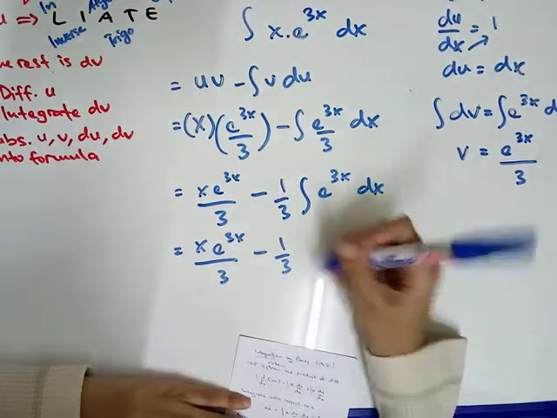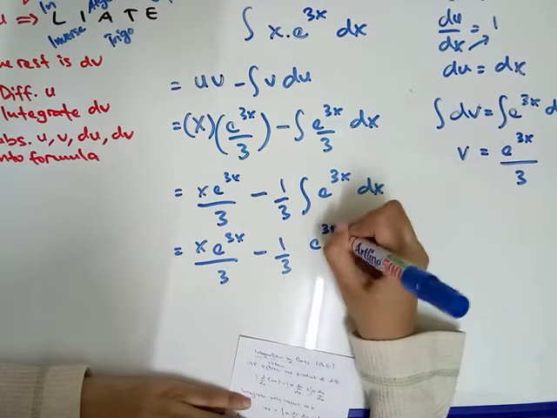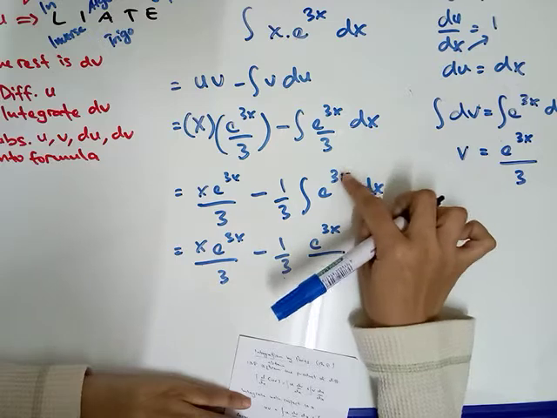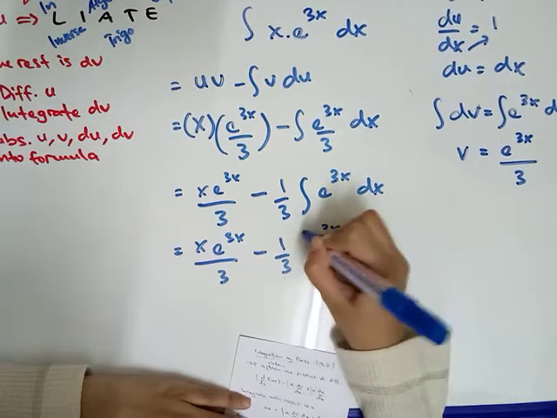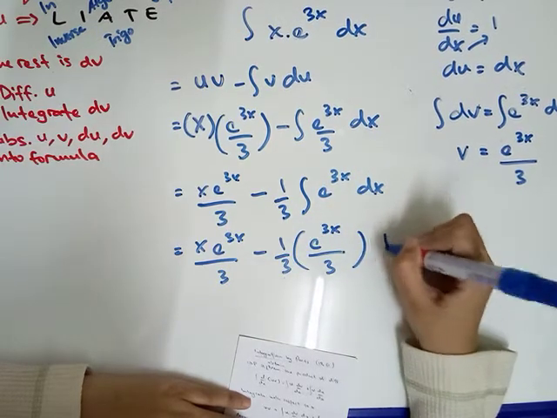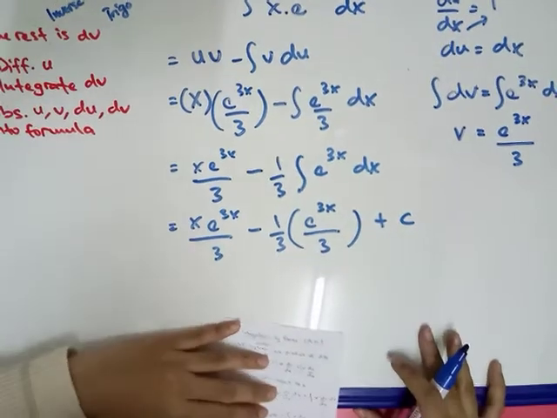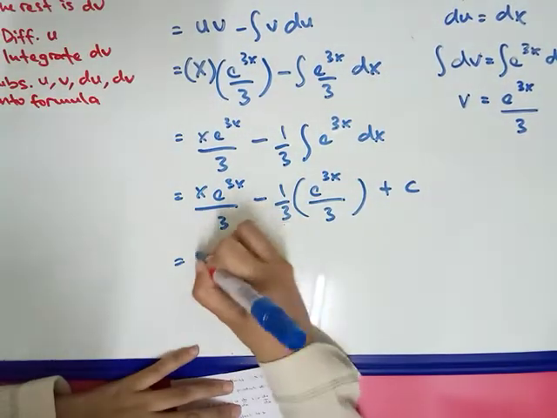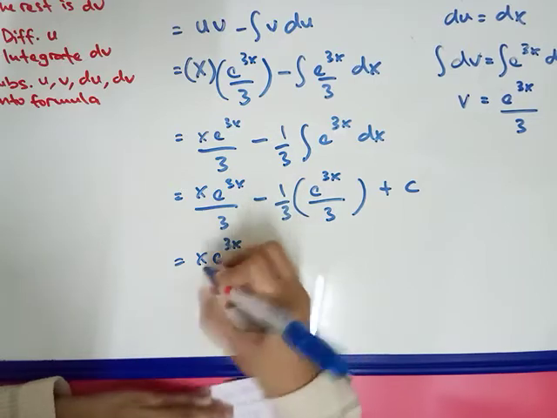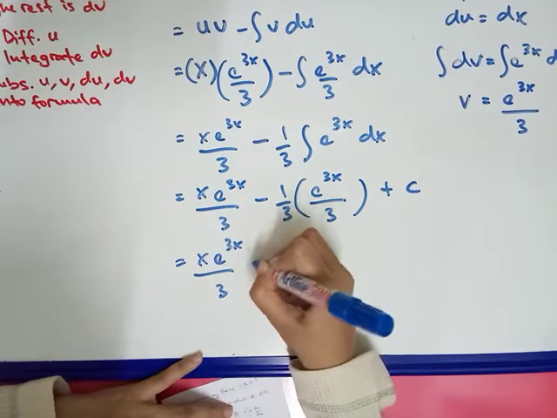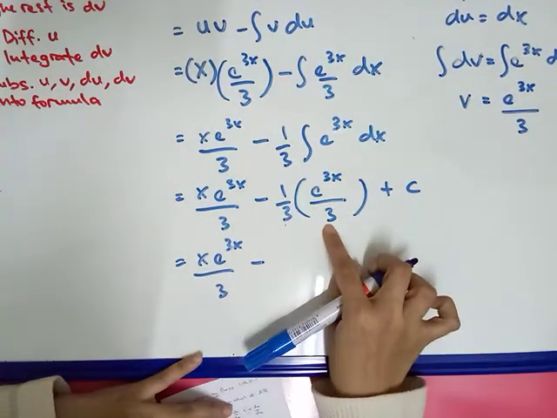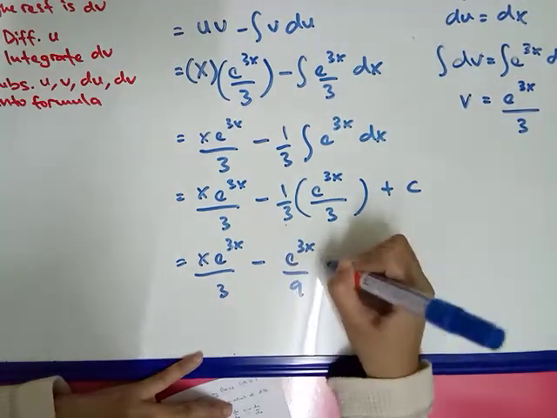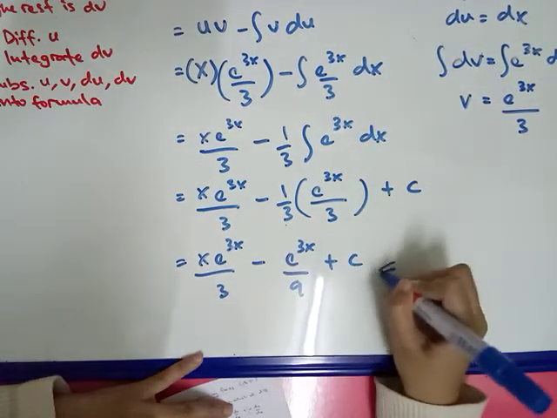Integrate exponent 3x, you will get exponent 3x back, divided by 3, because differentiate 3x you get 3. And then you need to plus c. Don't forget to plus c. So x exponent 3x over 3 minus, 3 times 3 we get 9, so exponent 3x over 9 plus c. This is the answer.